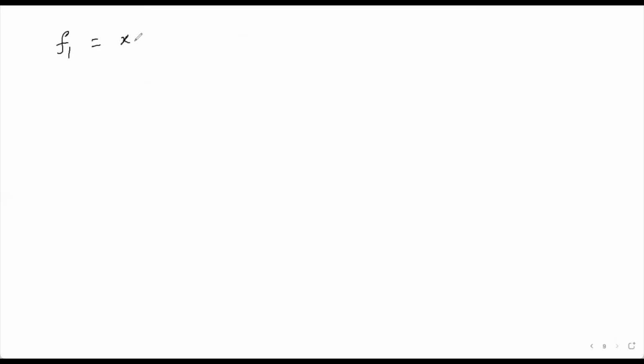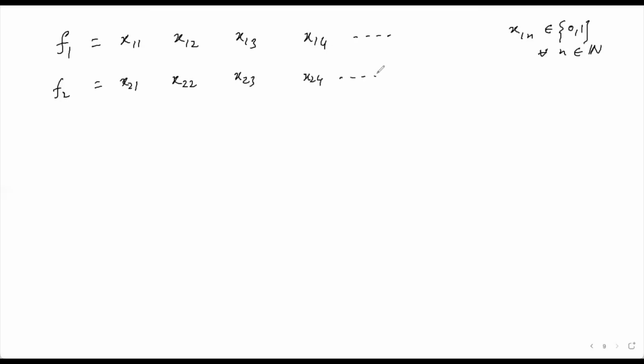So let's say x11, x12, x13, x14, and so on, where x1n belongs to the set {0,1} for every n in the set of all naturals, and f2 is equal to x21, x22, x23, x24, and so on, and similarly f3, f4 and so on.